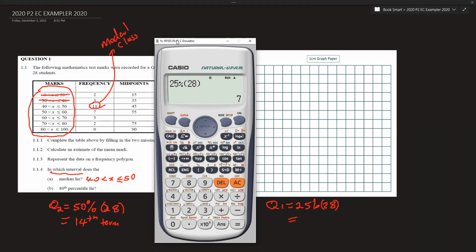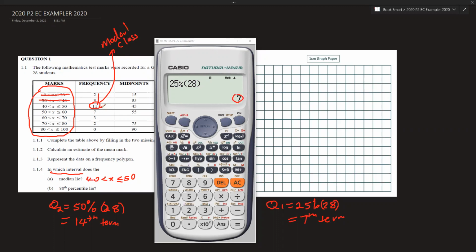Perfect. So what we do, it means we are on the 7th term. If you observe, your Q1 and your Q2 will be lying in the same interval. That makes sense. Because when I add this, I get 2. So 2 is out because I need something above 7. This 2, when I add them, gives me 5, which is still lower than 7.